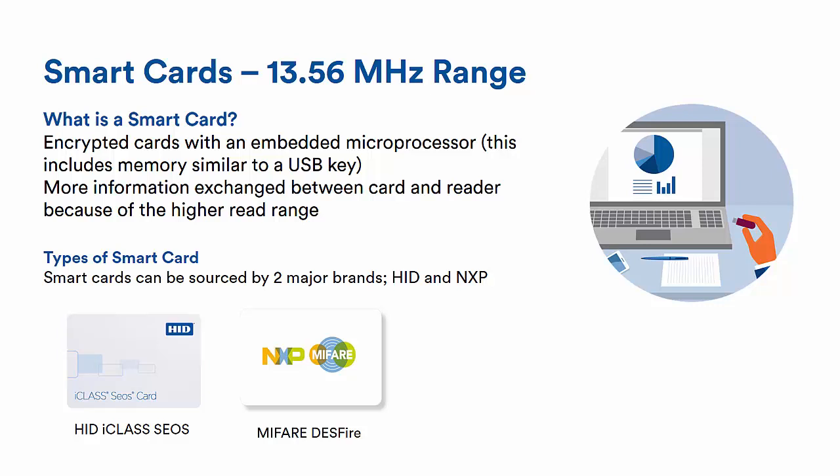So for customers that don't want to worry about managing their own encryption keys, HID is a great option. We see that MIFARE DESFire credentials have a high adoption in EMEA, in Europe, the Middle East, and Africa, as well as parts of APAC, Asia Pacific.